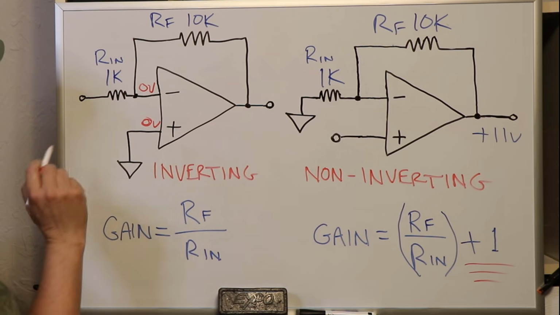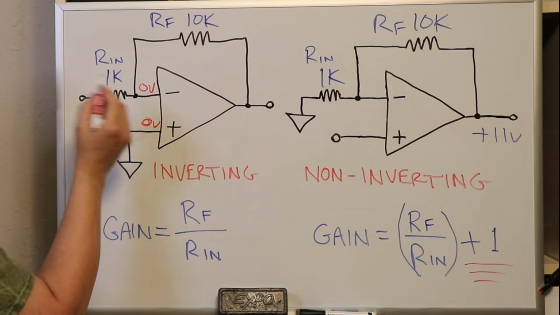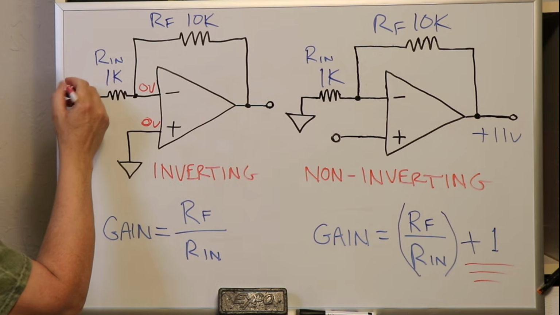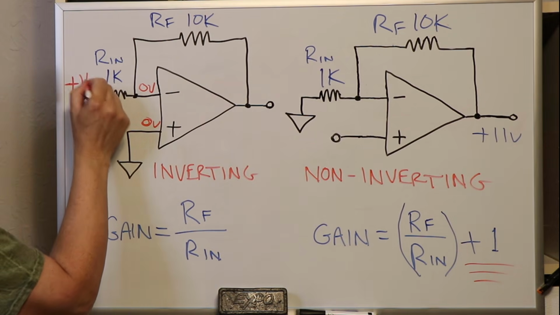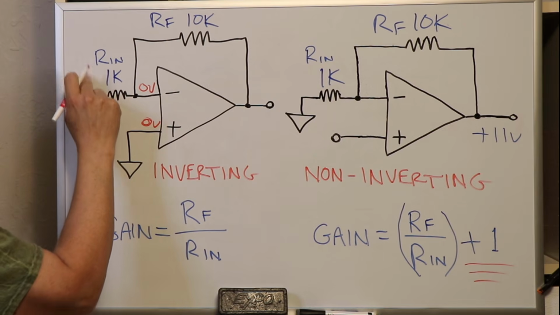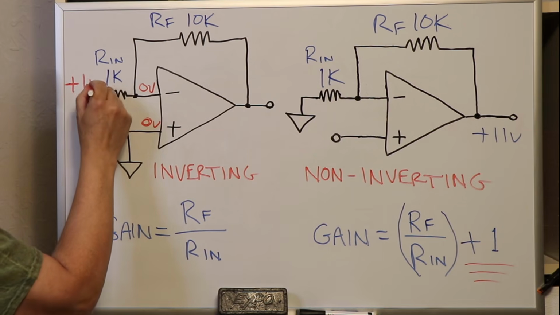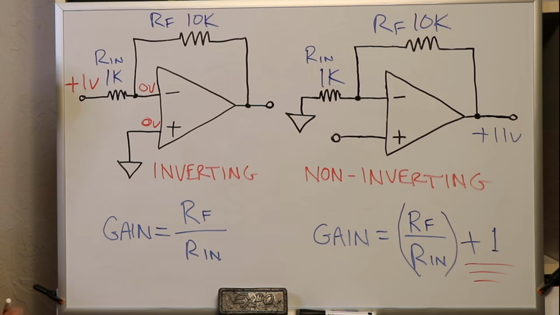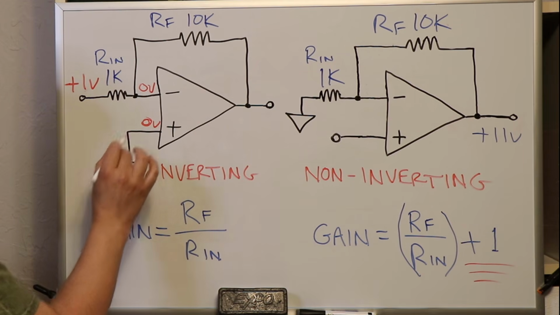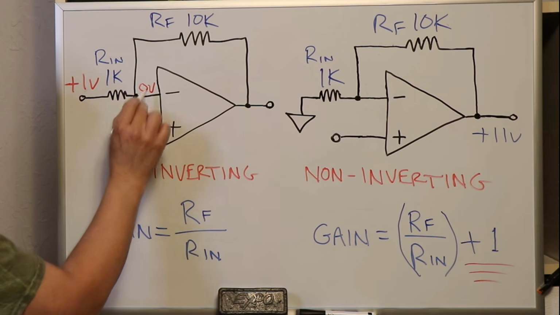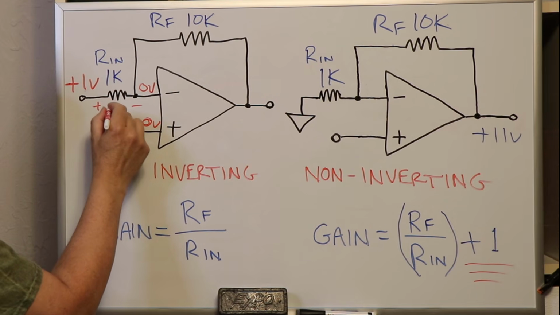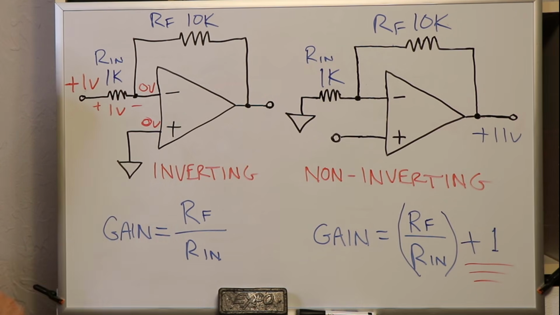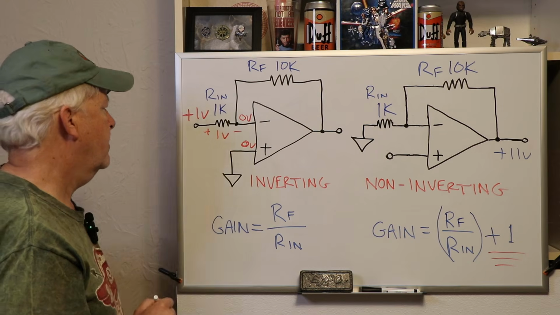So with that in mind, we'll just keep the math simple, and say we've got 1 volt DC in. The inputs are 0 volts, so that means that we have a 1 volt drop across that 1K resistor.